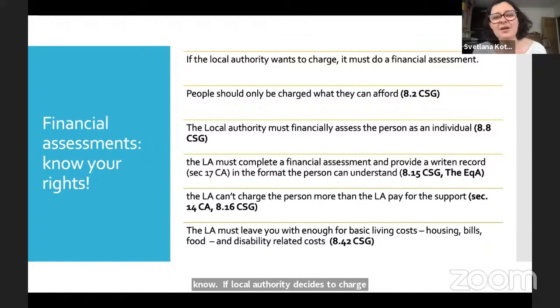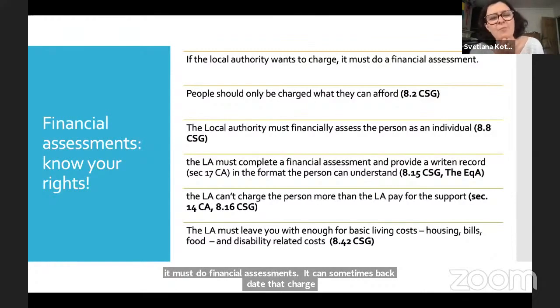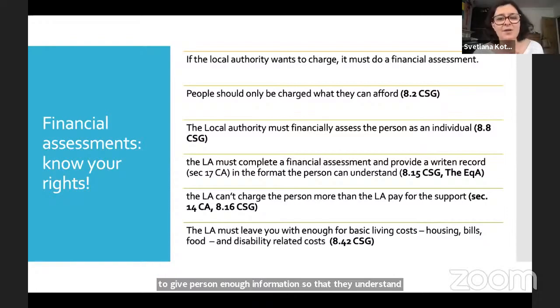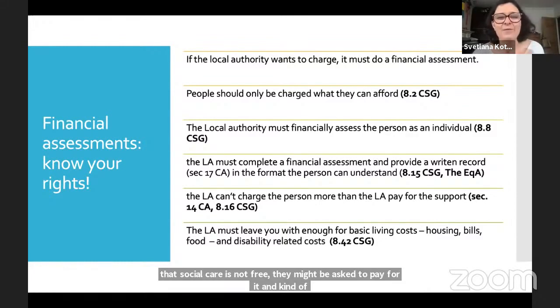It can sometimes backdate that charge if the financial assessment, for example, takes a long time to do, but it has to give the person enough information so they understand that social care is not free. They might be asked to pay for it, so they agree to get the service knowing that they might have to pay for it.